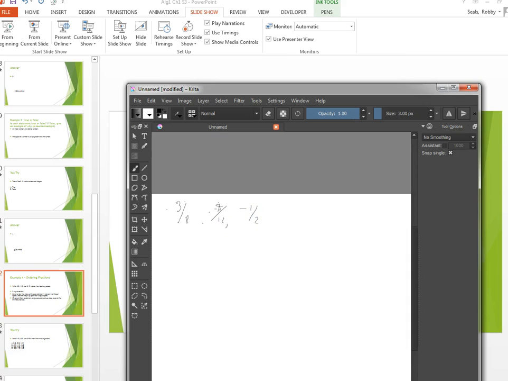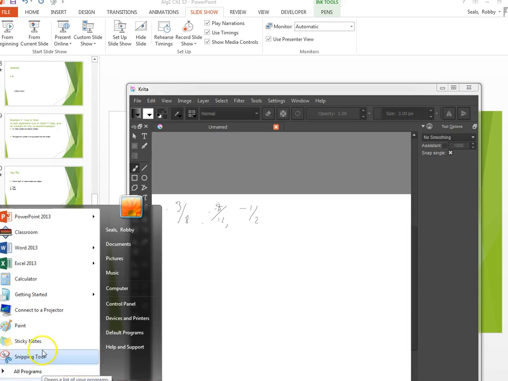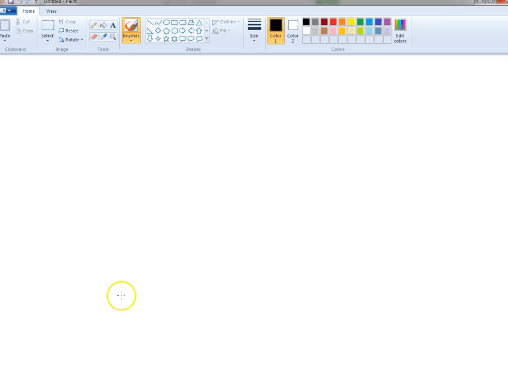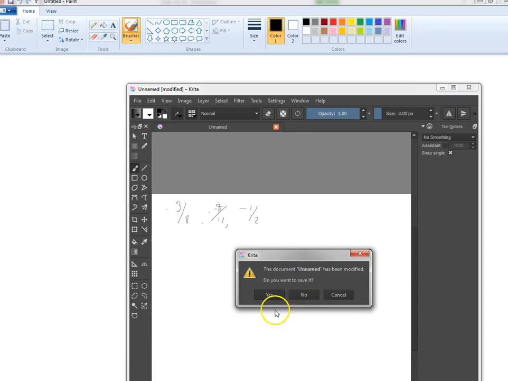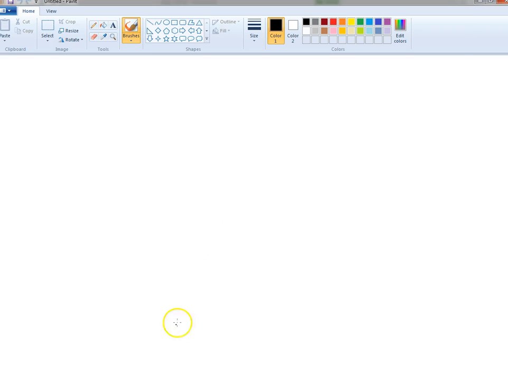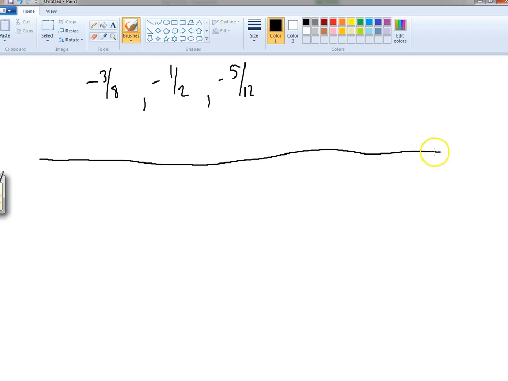Sorry, something's going on with my writing utensil. I have to just go with pink today. Okay, so those are our three numbers. Here's our number line. Ugh. Okay, good as it's going to get.